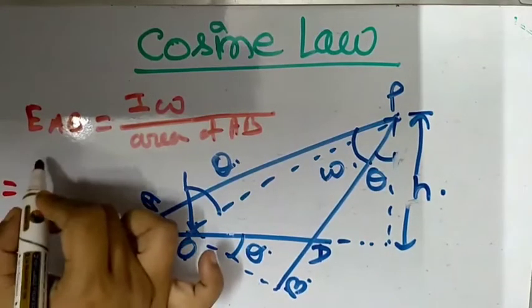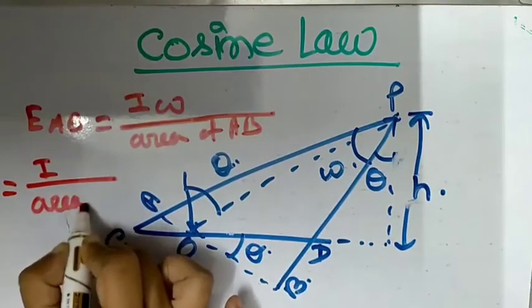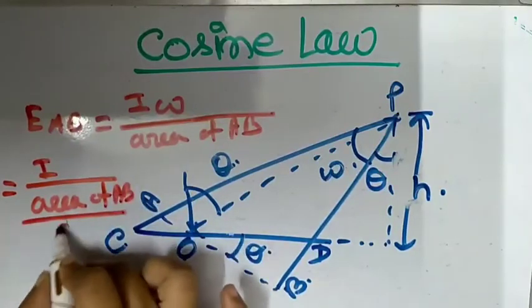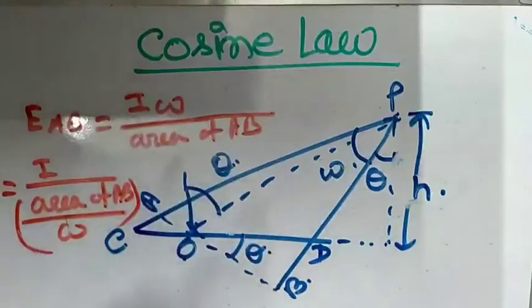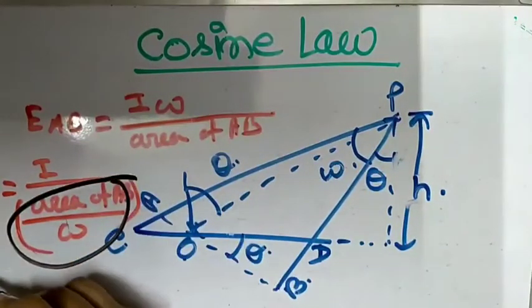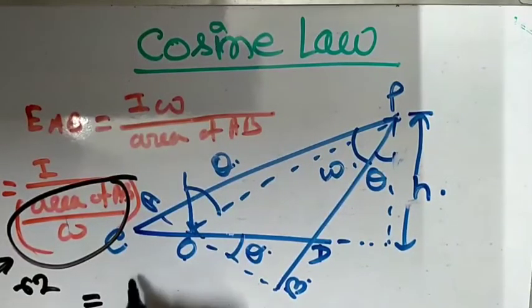And we can write I equals the area of AB by omega, and this is equal to R square. So EAB is equal to I by R square.